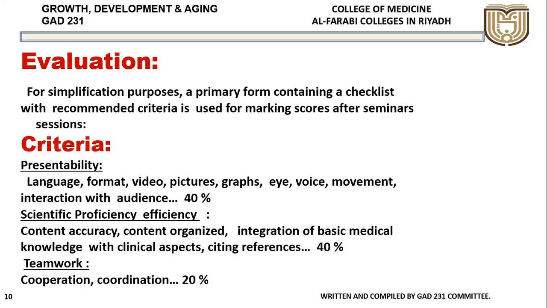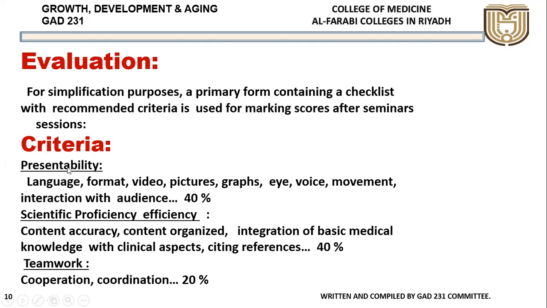Okay, and he should be able to correlate whatever information he is giving with whatever his colleague has given already. So that is called as the cooperation and coordination, as well as the other students who are listening. So whether there is coordination and communication between this. This is how it will be, the last 2 marks.